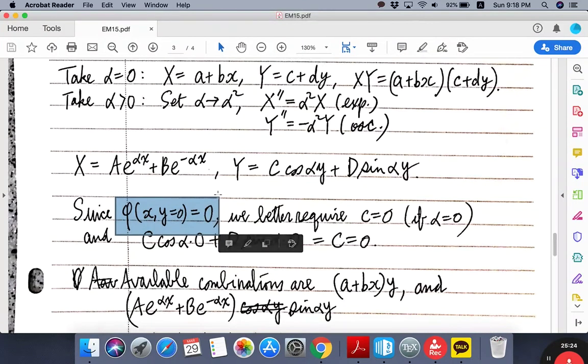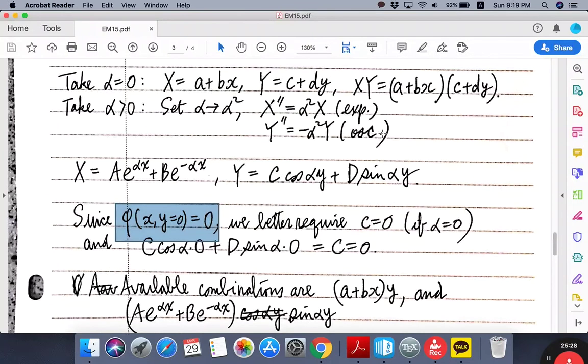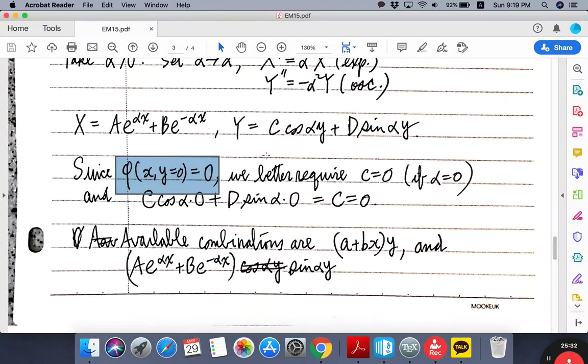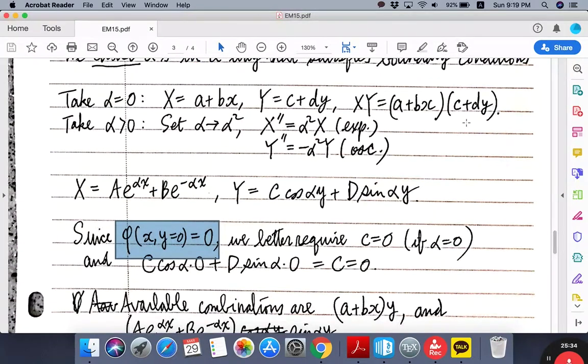Now, in order for something to be 0, we quickly see that this little c over here, because we are going to take y equal to 0, so d times y is 0.